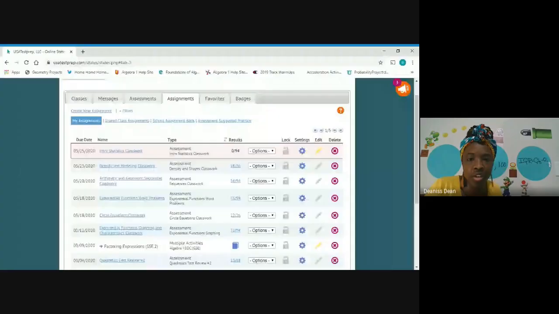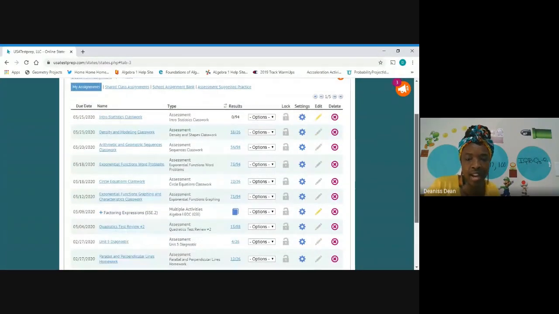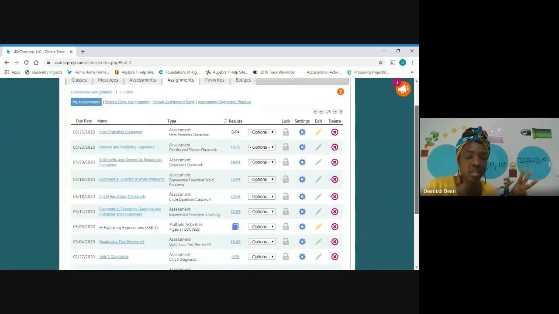All right, so the first one you're going to have today is the Intro to Statistics classwork. That's your assignment for today. On this one you get 3 attempts. Please make sure when you're doing them, you're checking the feedback I give you on those free response questions and not just submitting another attempt and then it's the same feedback each time.